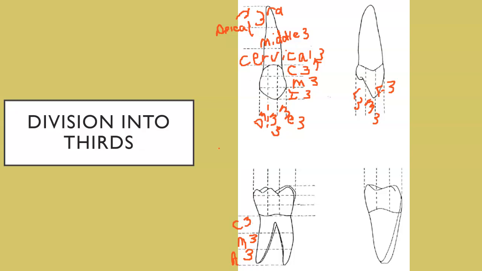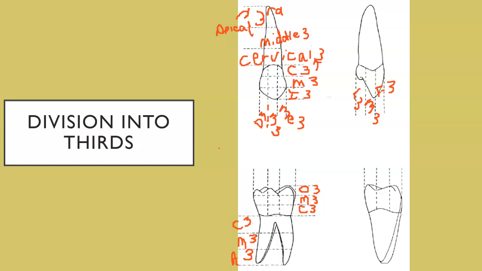We know this top portion right here is a chewing surface of the tooth, so that would be our occlusal third. Then we have our middle third of the crown, and our cervical third. And this is now dividing by surfaces.